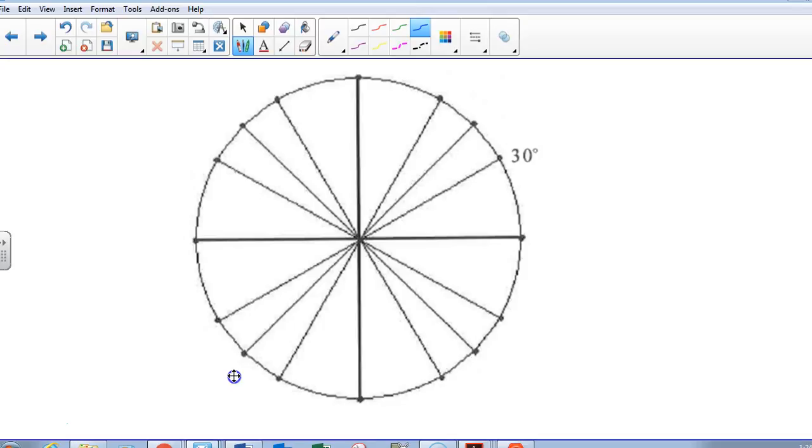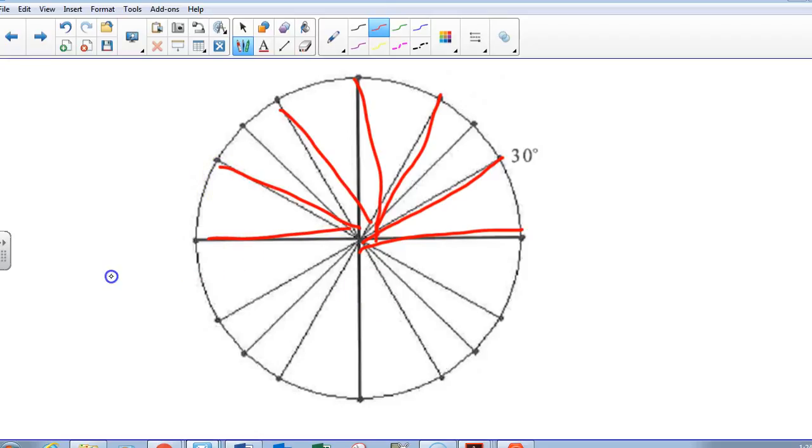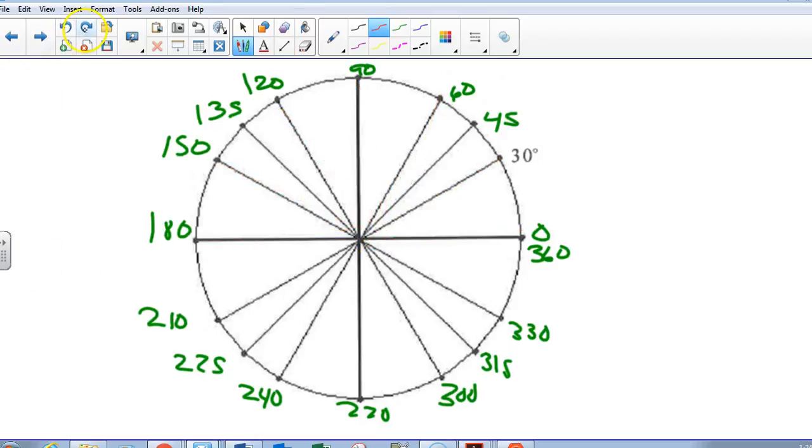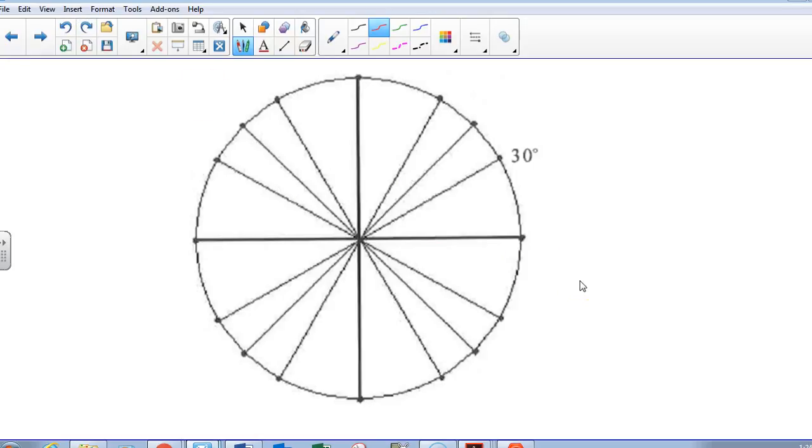Let's fly through this real fast, though. Do you know how this goes? We just want degrees. All of these are 30 apart.